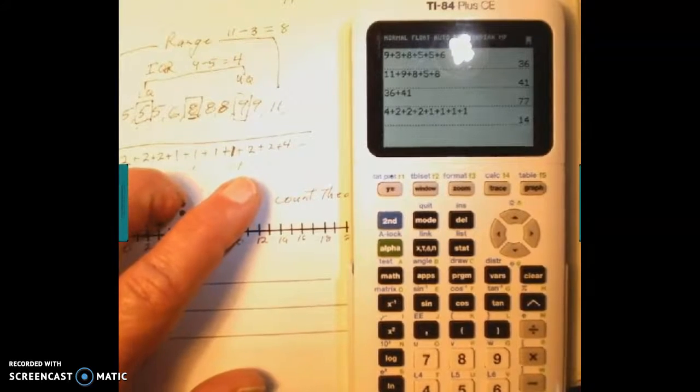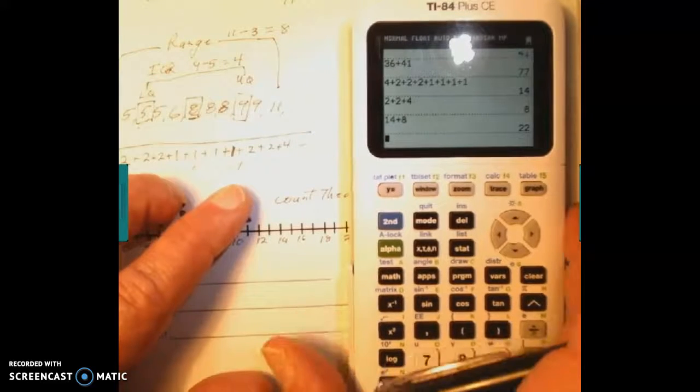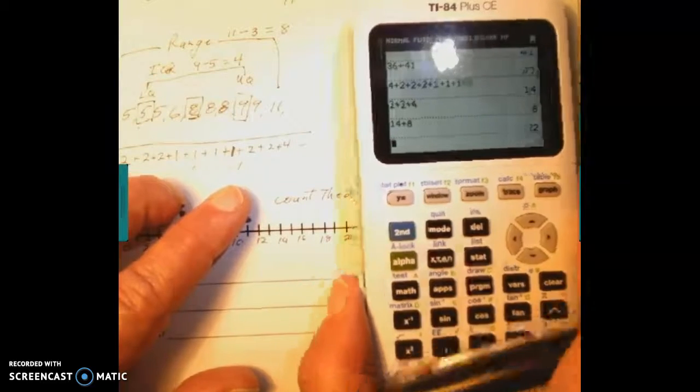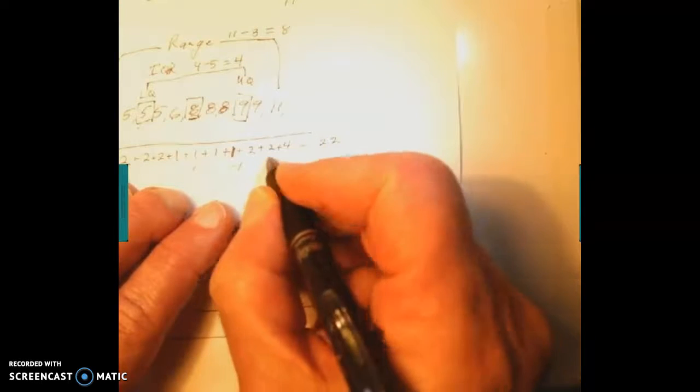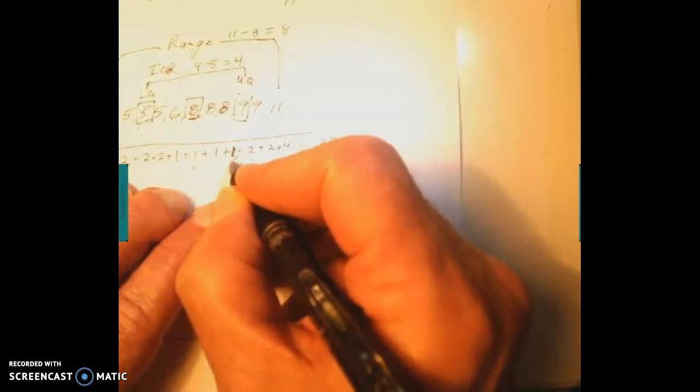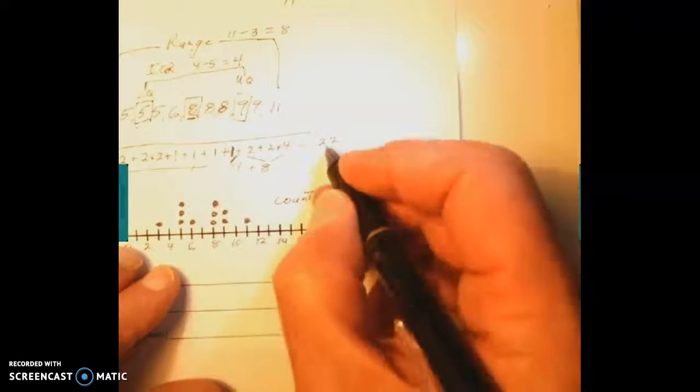And then it's going to be 2 plus 2 plus 4. That is going to be 8. And then 14 plus 8 is going to give me 22. Sorry. Right up through there, that gave me 11. Right up through here gave me 8. 14 plus 8 is 22.